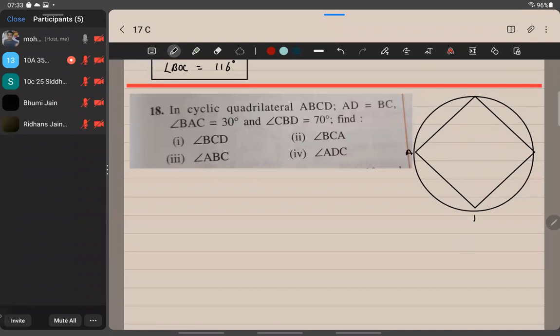Suppose this is A, B, C, D. AD is equal to BC. These two sides are equal.